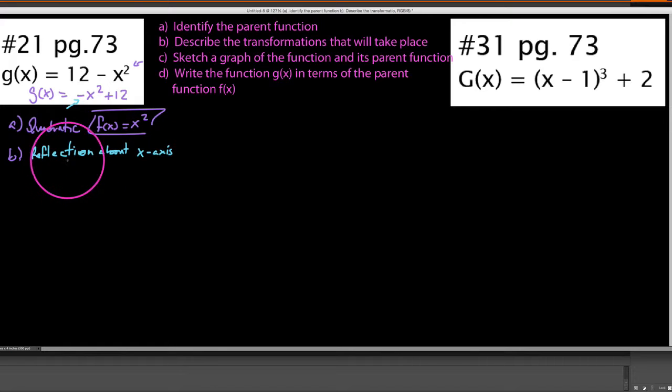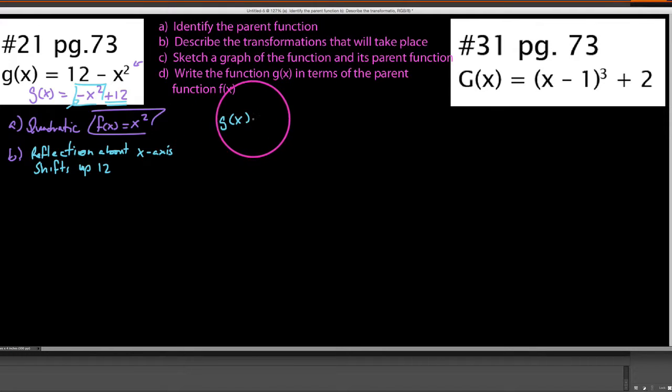And I'm also going to say that it shifts up, or translates up, 12 units. I can see that because I'm adding 12 to all the y values on our initial function. So if you can imagine the 12 isn't here, making the negative in front of our x squared is kind of like making all of our y values negative.